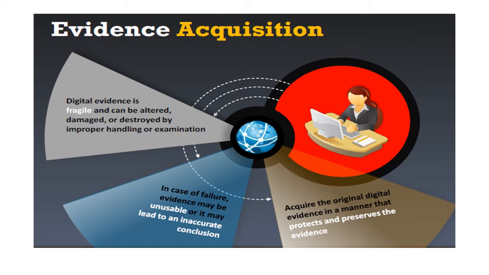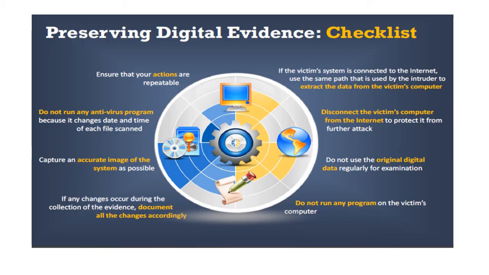When we've managed to perform evidence acquisition, we move on to the next process, which is preserving of the digital evidence. In order for an investigator to preserve digital evidence, there is a checklist that he or she needs to follow.